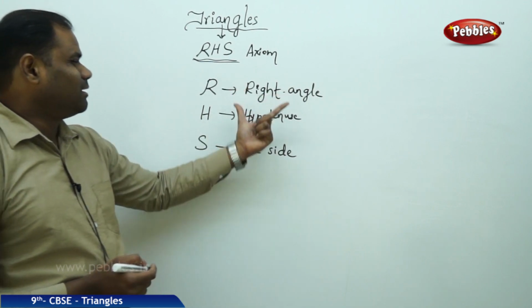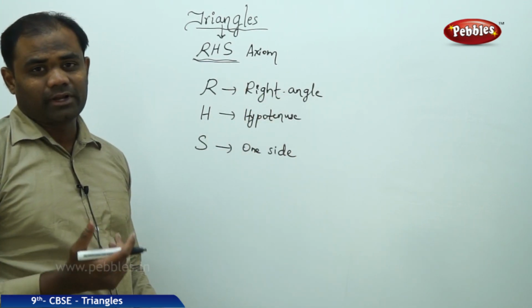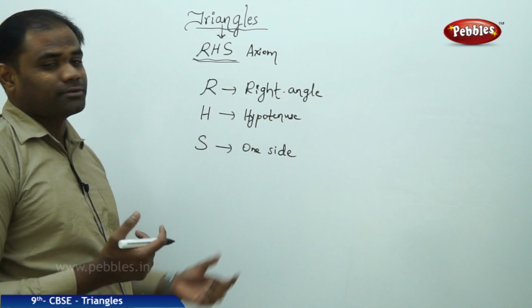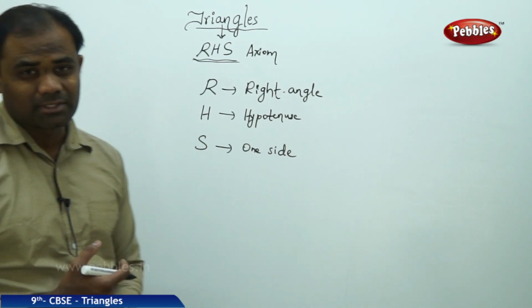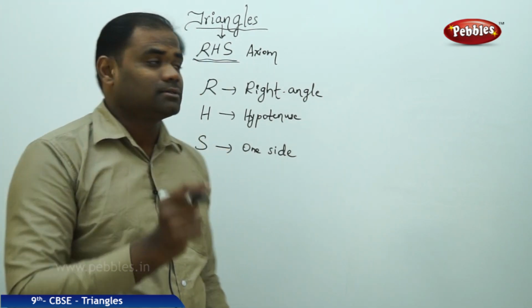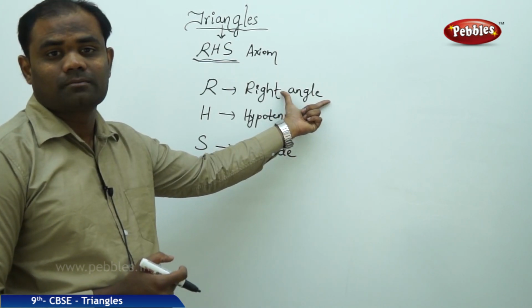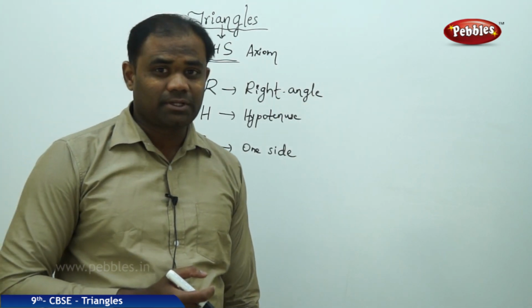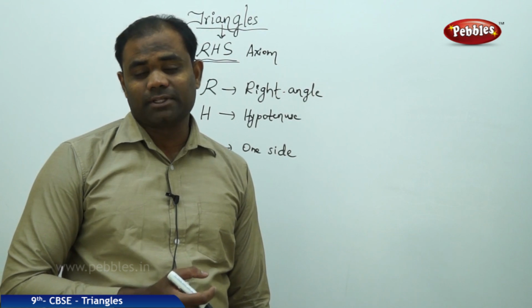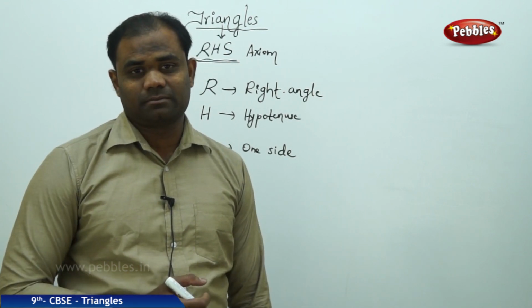So right angle, hypotenuse, and one side of a triangle are taken into consideration in proving the congruency of two right-angled triangles. So let's see the RHS axiom connected with congruency of two triangles.